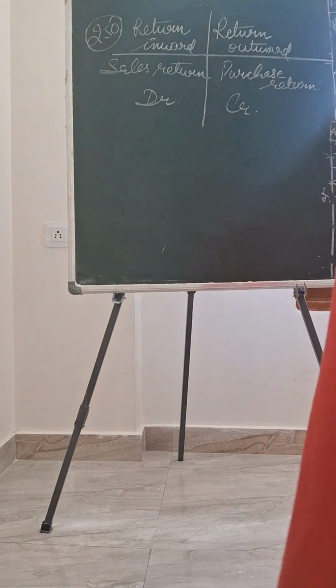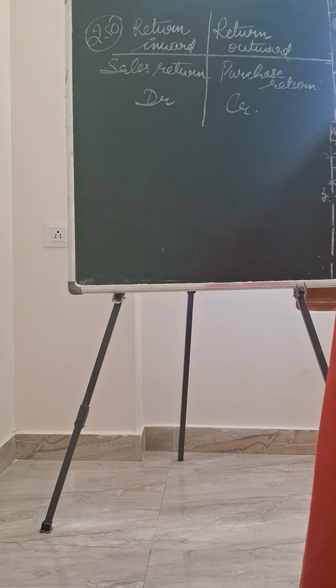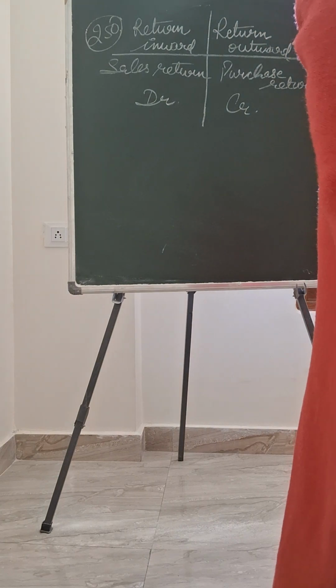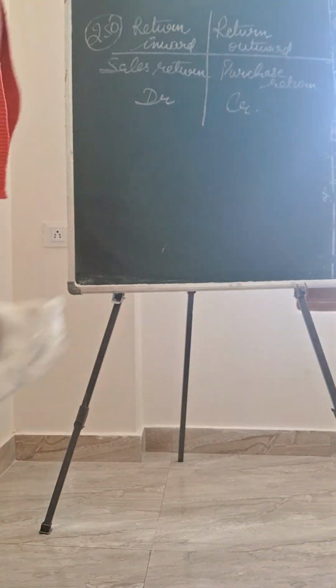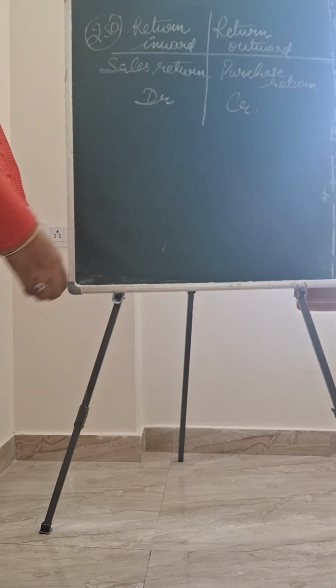Next we have the use of budget to control firms' activities is called as. It is called budgetary control.